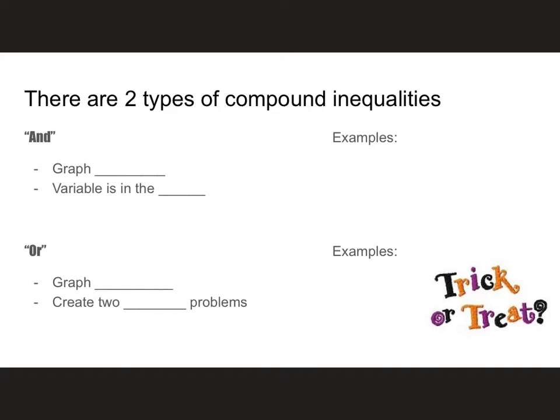So there are actually two different types of compound inequalities that we're going to learn about. We've got "and" inequalities, and we have "or" inequalities. For the "and" compound inequalities, those graphs are going to graph together, and the variable is going to go in the middle of the inequality symbols.